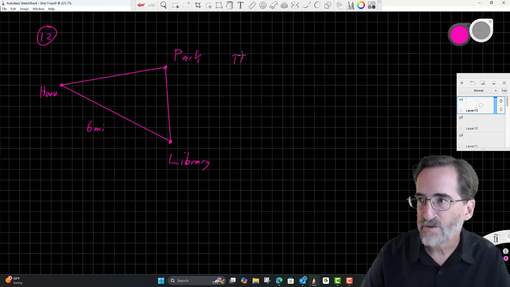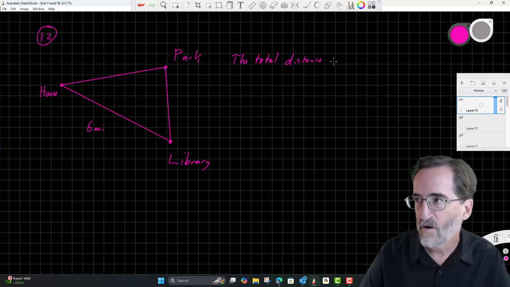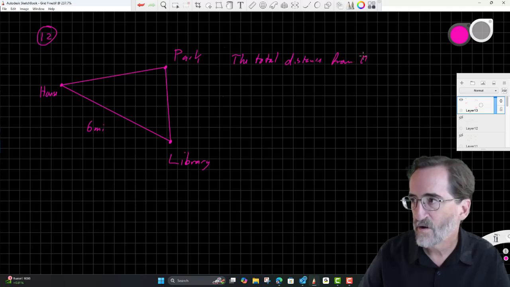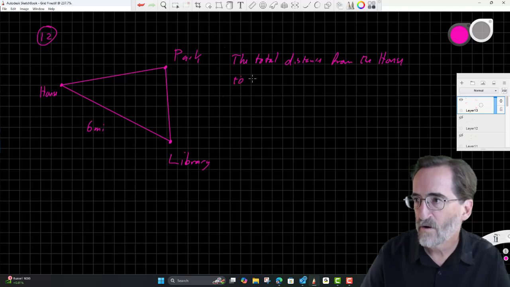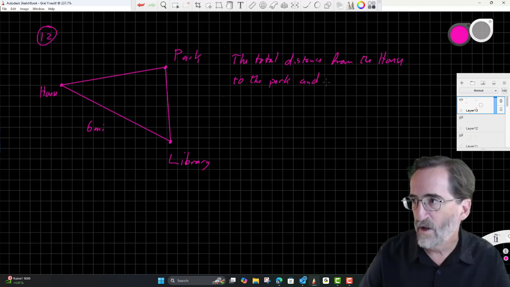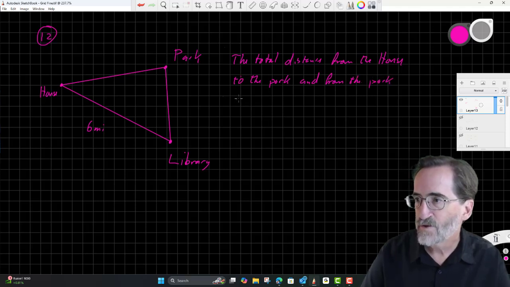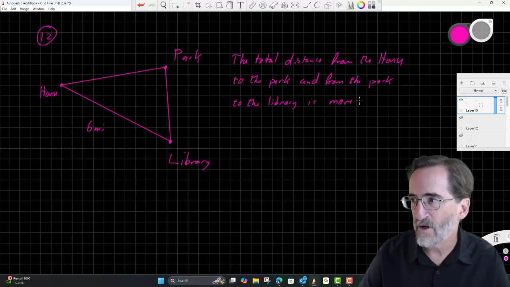The total distance from the house to the park and from the park to the library can't be 6 miles, it's got to be more than 6 miles. That's what the triangle inequality says about this situation.